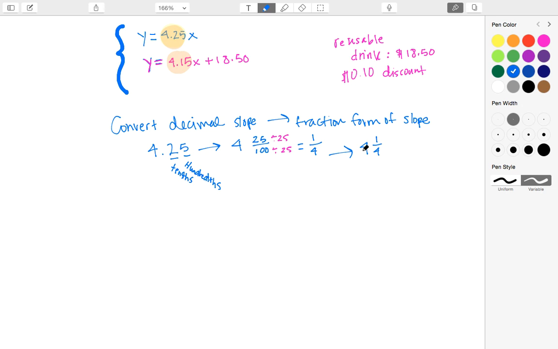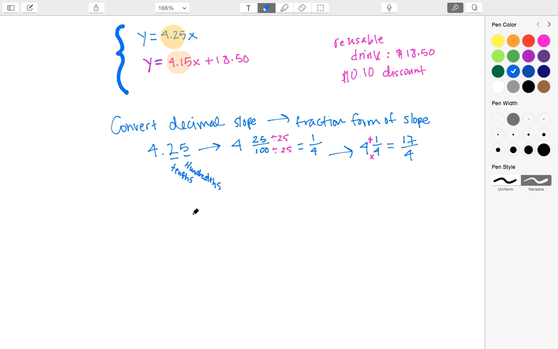Now still we want to get it into a form that's nice for slope. So at this point, you have to multiply these two numbers together, and then you'll get 16, and add 1 to that, and you will get 17 over 4. So that ends up being your slope.